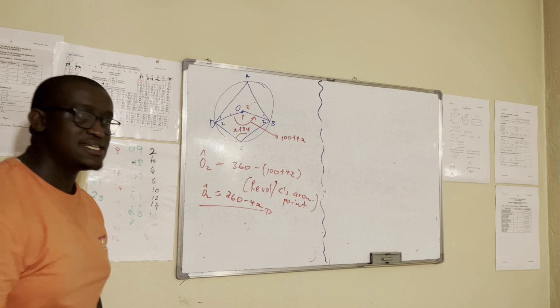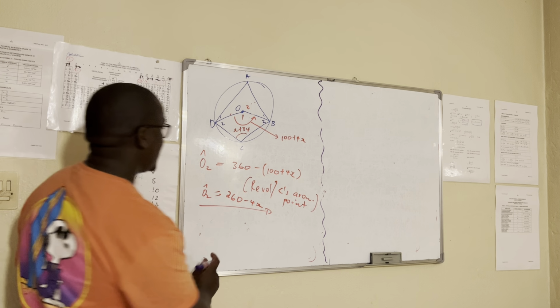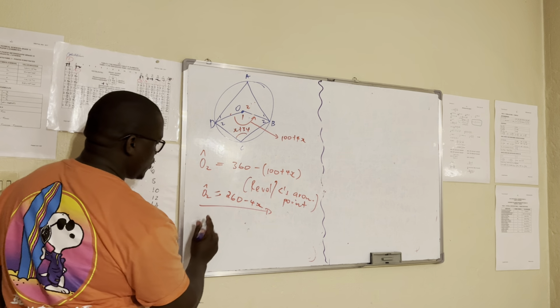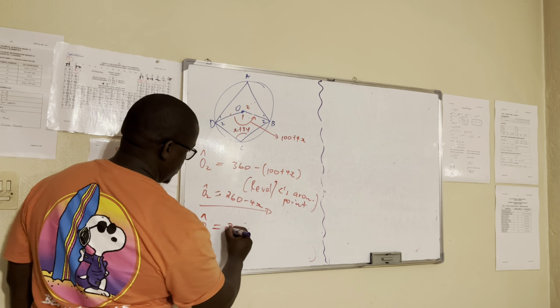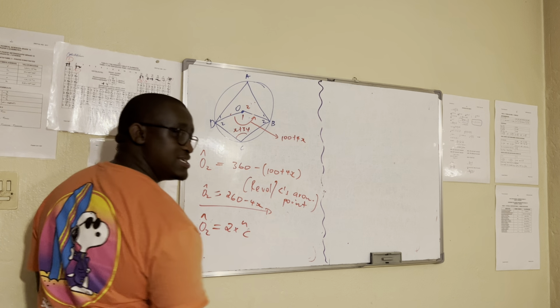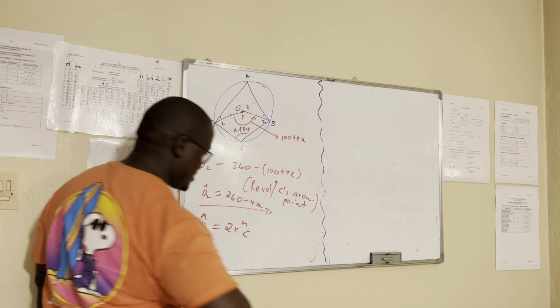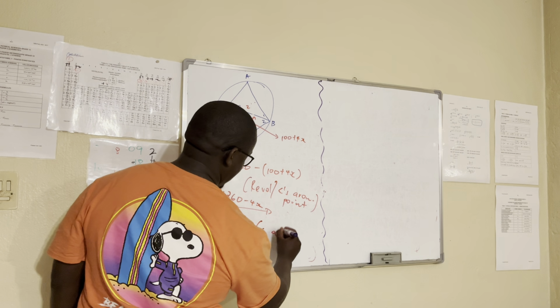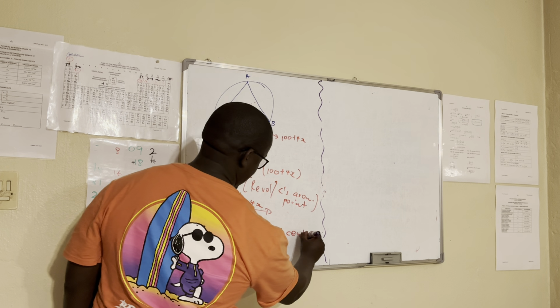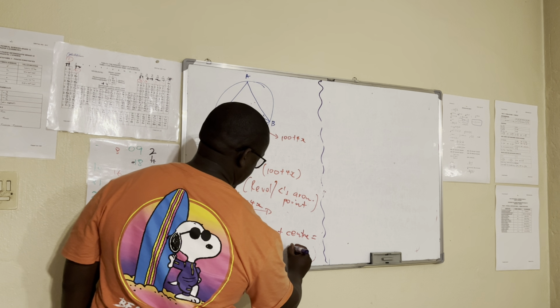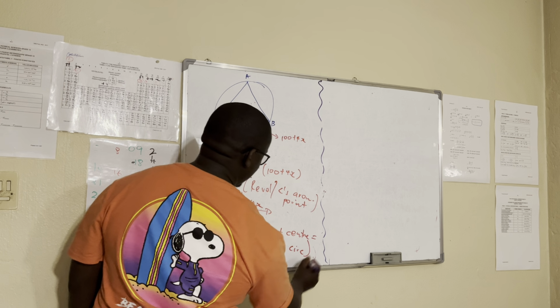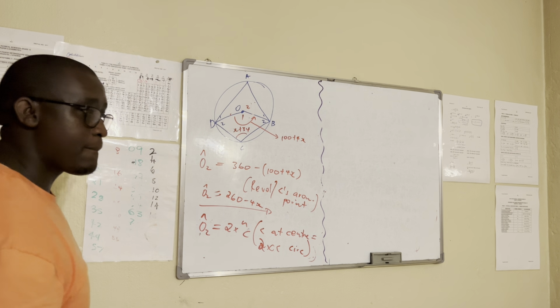Any further questions? Now, I can say angle O2 is equal to 2 times angle C. Again, it means the angle at the center is equal to 2 times the angle at the circumference.